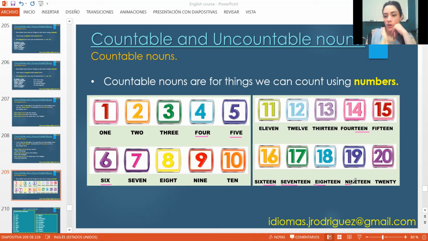I have my number 9 and I add the 10. And 20. Okay, so 11, 12, 13, 14, 15, 16, 17, 18, 19, 20. Once again, I'm gonna repeat it.